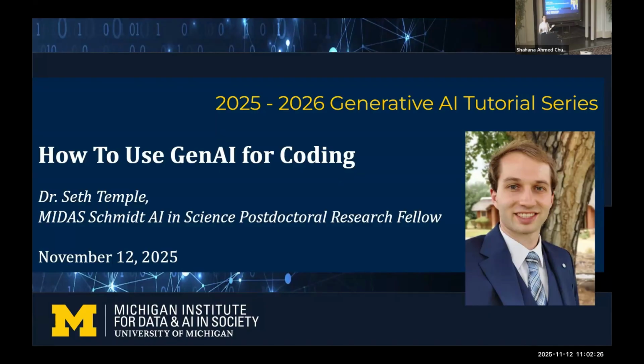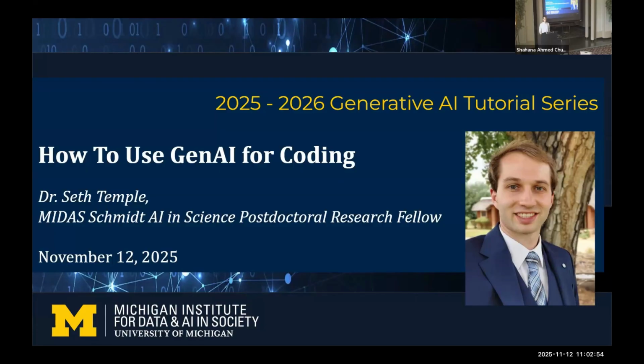Something that connects us all, coming from a lot of different disciplines in biology, chemistry, math, physics, is that we're all trying to find a way to use AI in our research. A particular use case could be using AI to help you do code and data analysis and be much more productive.